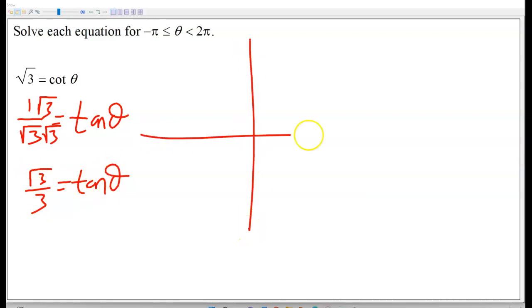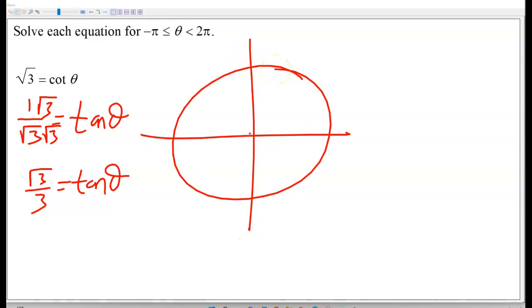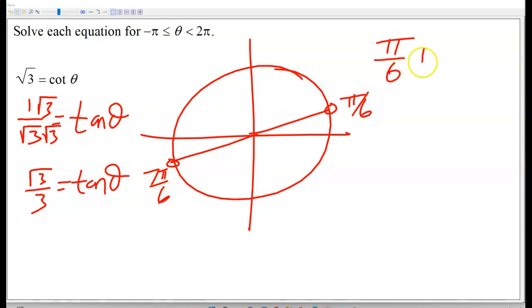And tangent of theta is equal to radical 3 over 3 here and here. It doesn't really matter which one you pick, but this one is pi over 6, and this one is 7 pi over 6. But with tangent, you don't need both of these for the general solution. You just pick one, and you add pi into it. So there's our general solution.